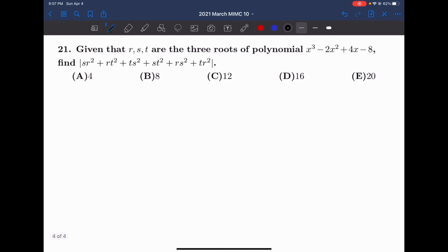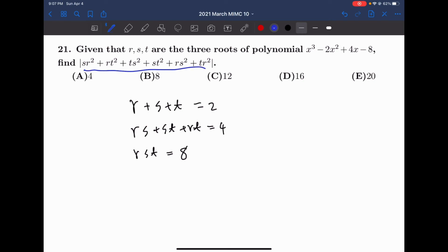First of all, r plus s plus t, or the sum of the roots, would be 2, because that would be negative b over a. And rs plus st plus rt is equal to 4. rst would be equal to 8.